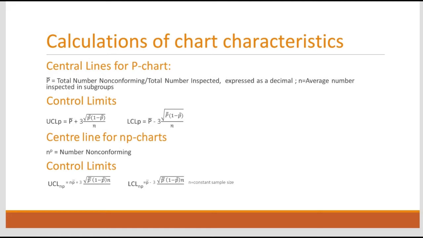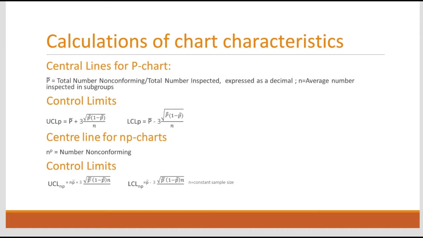First, the center line for the P charts. The P bar represents the total number of non-conforming units divided by the total number of units inspected. Usually, they are expressed as a decimal, and the n represents the average number inspected in a subgroup.